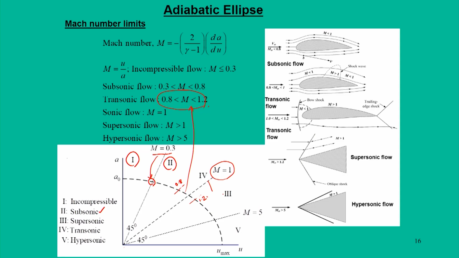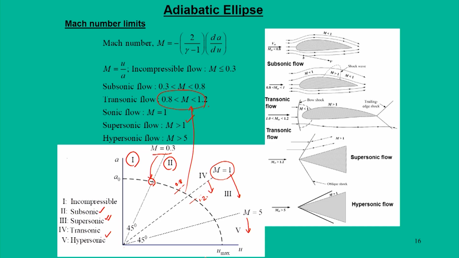beyond this region, any value for which the Mach number is more than 1 is treated as supersonic flow. Any value that is more than 5 is treated as hypersonic flow. So, supersonic flow is any value more than 1, and the transonic case is any number between 0.8 and 1.2.